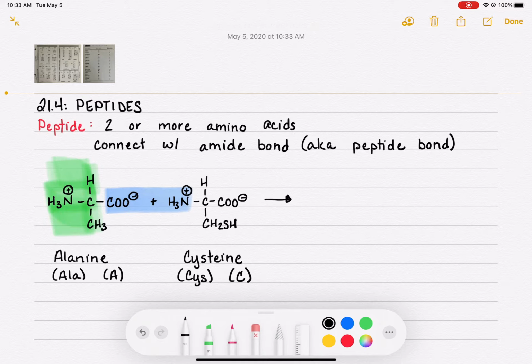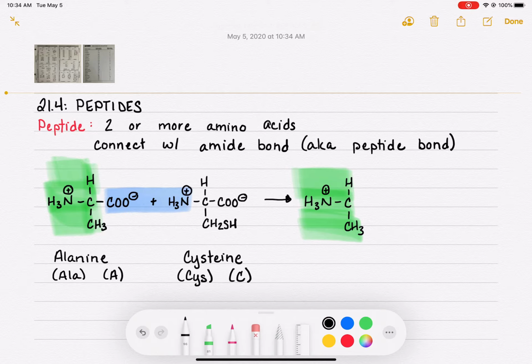So we can start by just drawing that stuff that I shaded in green, because we know that it's not going to be changing. So we have NH3 plus, we have our carbon in the middle, and then we have our R group CH3. I'm going to highlight that green so we can keep track of it. So there's the portion of alanine that is just, nothing is happening to it at all.